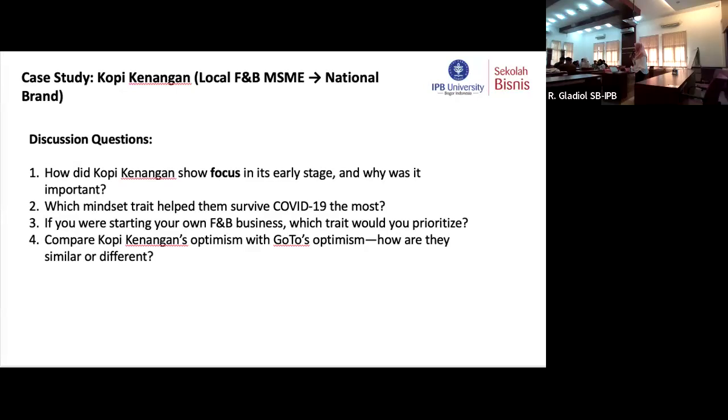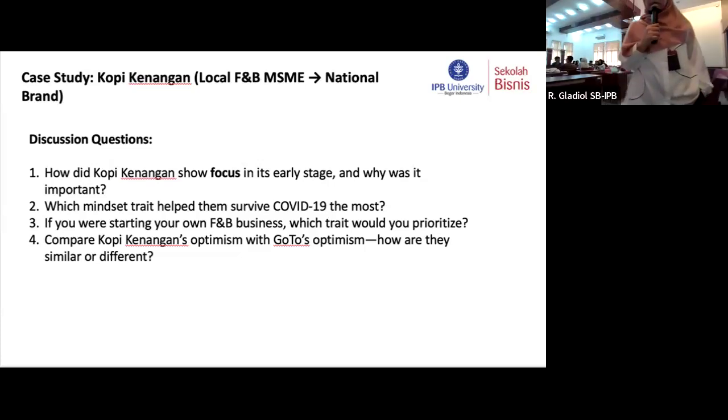So this is a very positive adaptation and allowed them to survive throughout the COVID. Also the packaging, right? We believe that it's about health and so on. Correct. Okay.